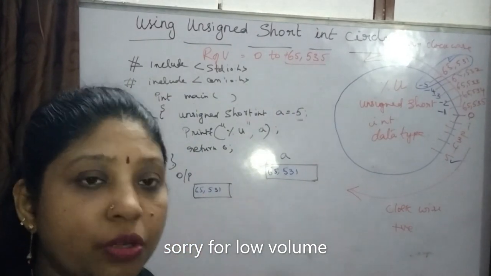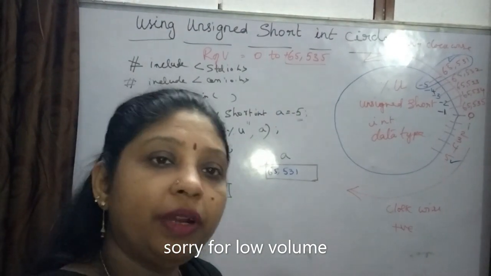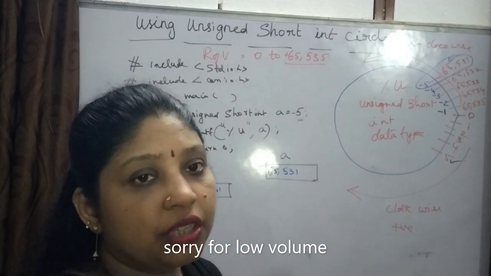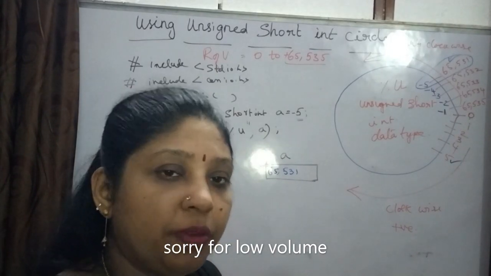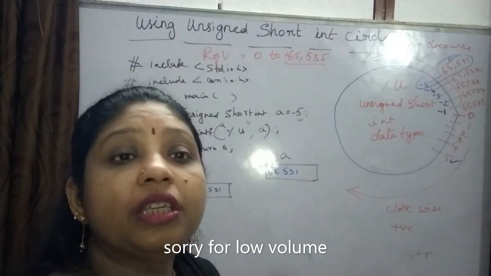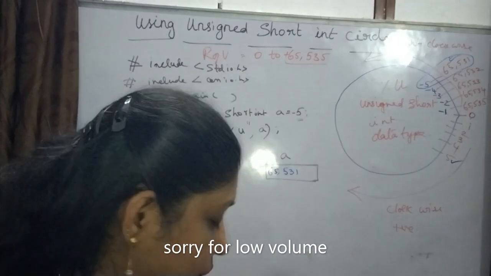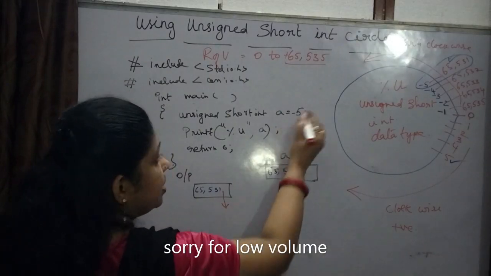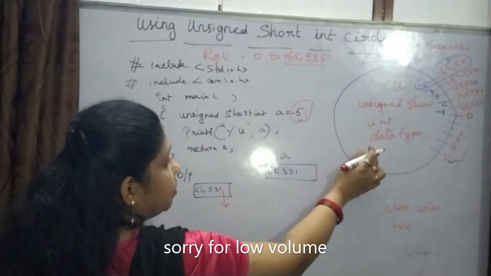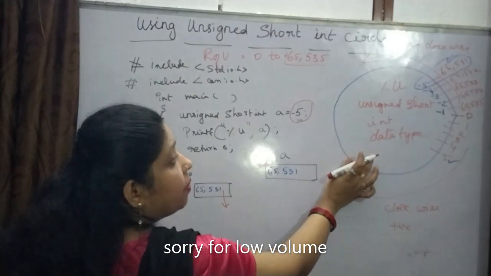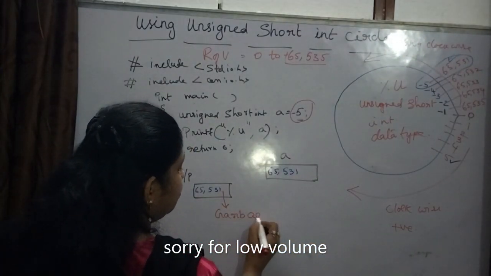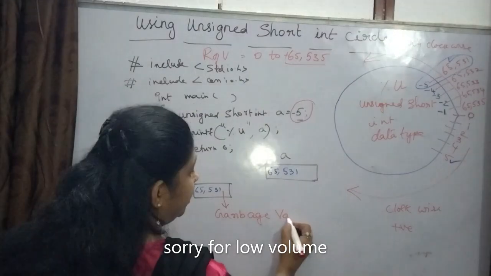Why? Because you have given -5 there, but the value you want to display on the screen is different. A different value has been displayed. So this is the garbage value. It's not going to understand what the value is here, because this is not having minus values. That's why it's going to print the garbage value.